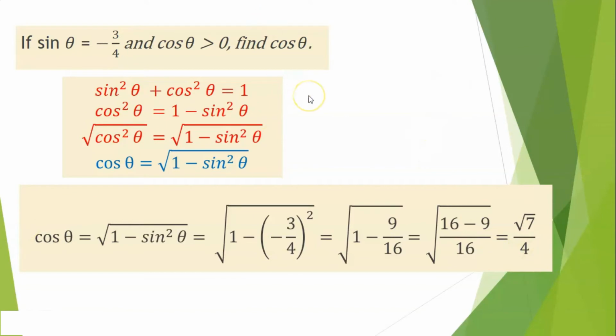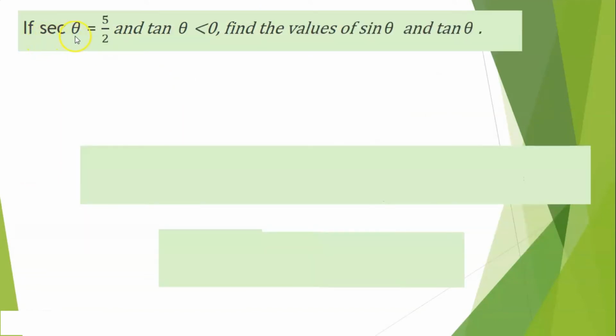Another example. If secant theta is equal to 5 over 2 and tangent theta is less than 0, find the values of sine theta and tangent theta. Now take note, secant here is positive and tangent here is negative. So therefore, this is located in the fourth quadrant. Next, secant is 5 over 2.